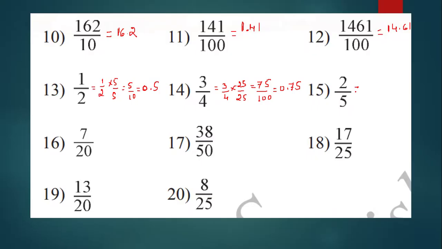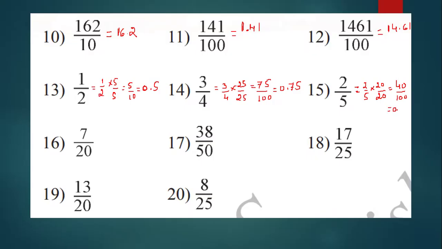2 by 5 is there. 2 by 5, multiply and divide by 20. Denominator becomes 100. 2 into 20 means 40 divided by 100.